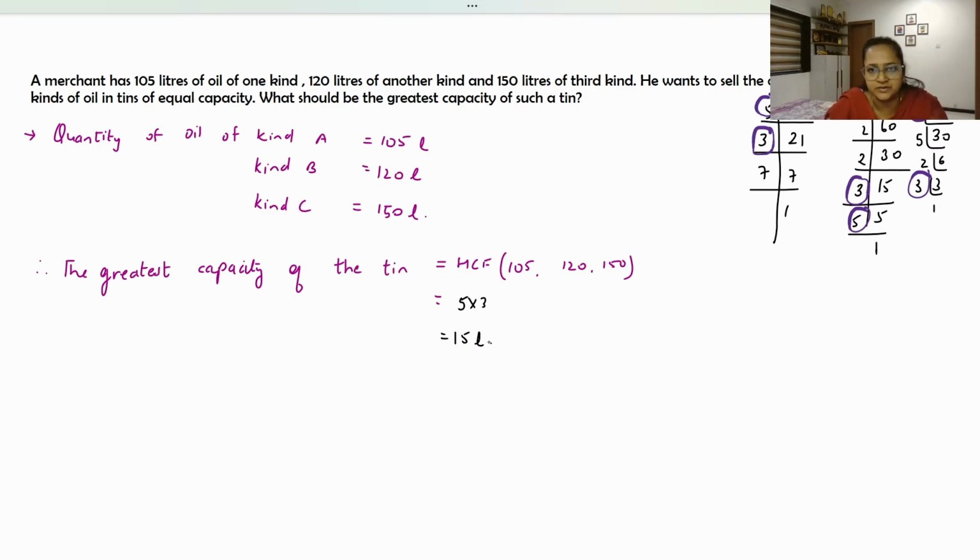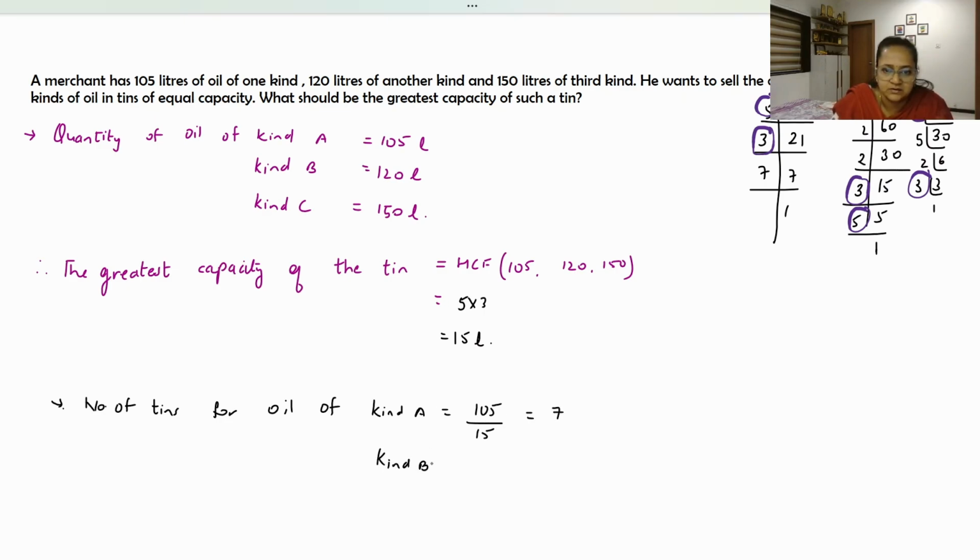Now the question is over here. But suppose the question continues and tells you to find the number of tins so that the oil can be completely filled. In that case, we write the number of tins for oil of kind A will be total quantity 105 divided by 15, which is 7.